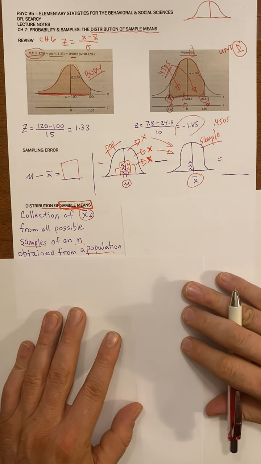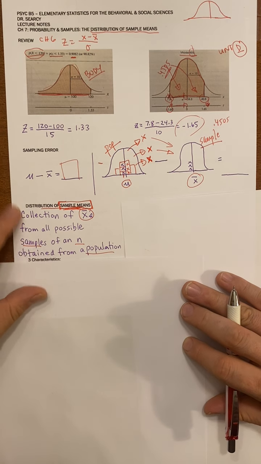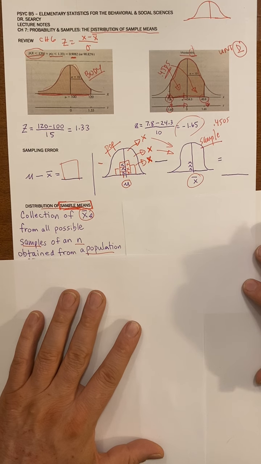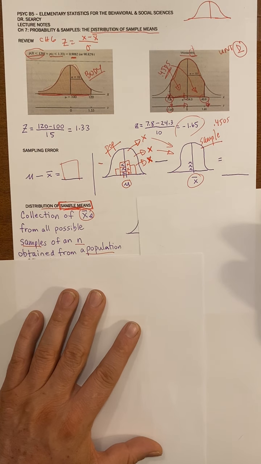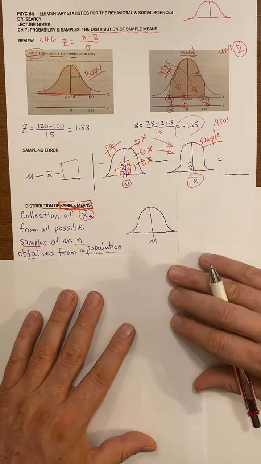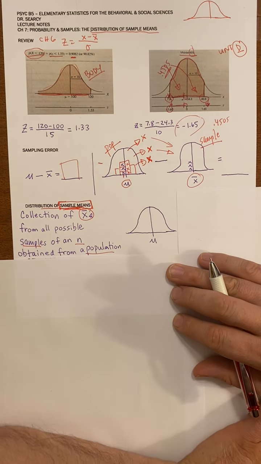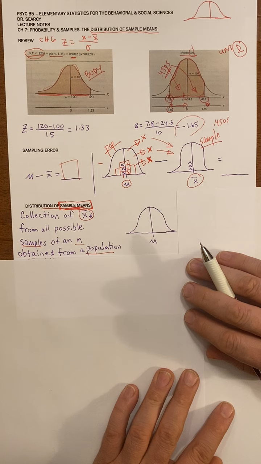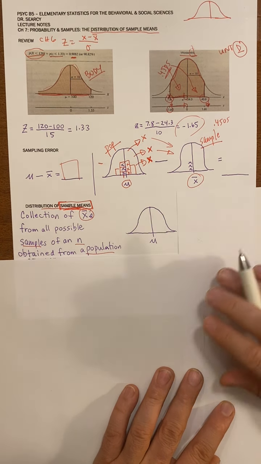Okay, so this definition may not make a whole lot of sense. Therefore, I'm going to try to explain that definition by going back to talking about these distributions. So we just said, we've got some population distribution that we're interested in saying something about. We can't though, because we can't get to everyone.